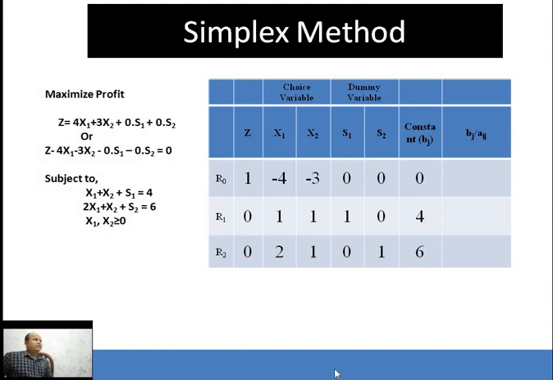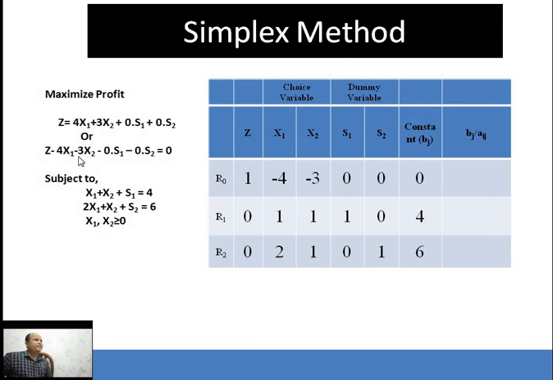Now corresponding to row 0, we put the coefficients of the variables of the profit function, that is, the objective function. Here the coefficient of z is 1, so it is 1. Coefficient of x1 is -4, so it is -4.